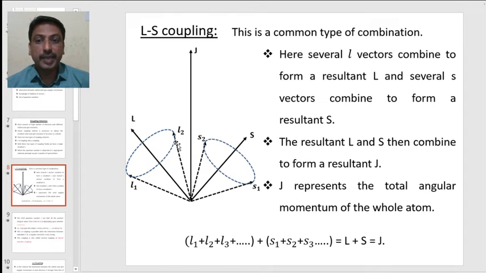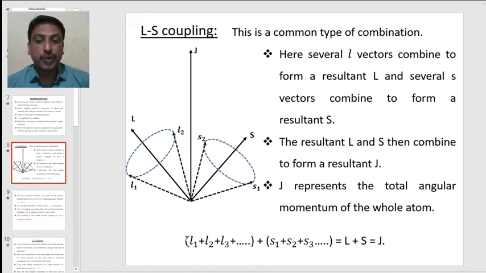Here you can see that several L vectors are combined to form the resultant orbital angular momentum L, and several S vectors are combined to form a resultant S. In this figure, we have shown two orbital angular momenta, L1 and L2, corresponding to two electrons, and they precess around the resultant orbital angular momentum L. S1 and S2 are the two spin angular momenta which precess around their resultant S. Further, the resultant L and S combine to form the resultant total angular momentum J. So J represents the total angular momentum of an atom as a whole.